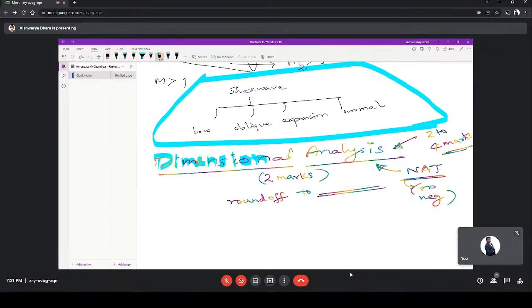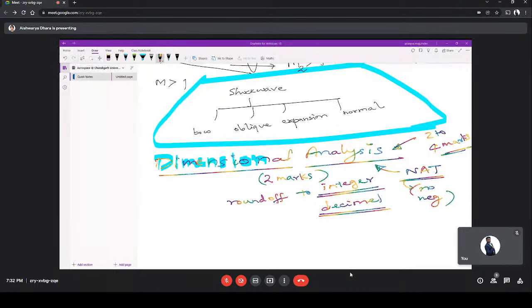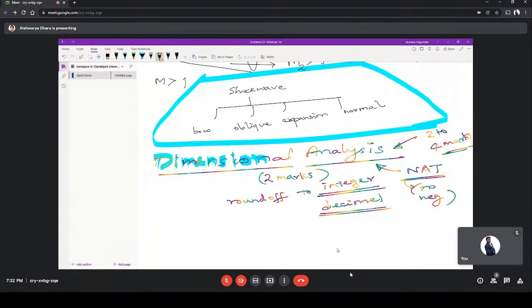They can ask you to round off to integers or round off to decimals, and what the decimal place is. Because the answers are all going to be checked by computer, even if you solve it correctly, you will still have a wrong answer if you have missed something.